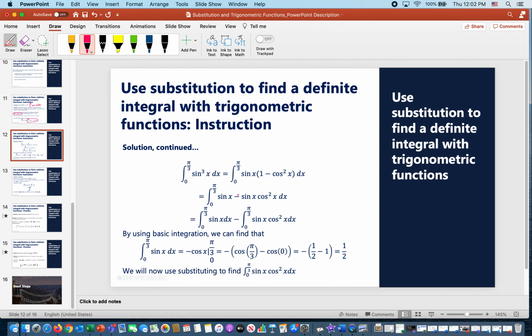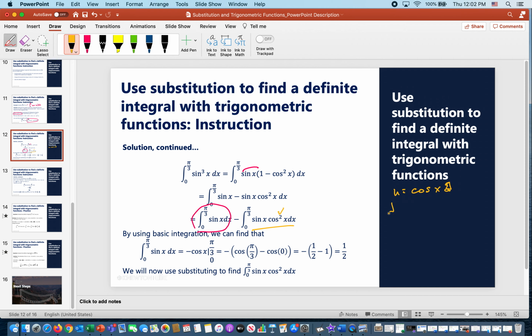Well, that's a fairly easy one to do. I'm going to distribute the sine, and now I've got the integral from 0 to power 3 of sine, which is really, really basic. That's an easy one to do. And then I've got this second one over here that I've got to deal with, right? So I've got cosine being raised to a power. I'm going to let u be cosine.